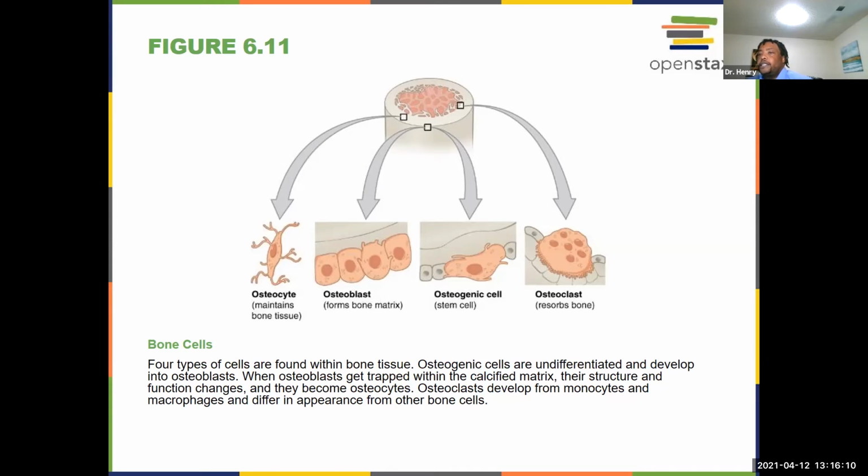The osteocytes are responsible for maintaining bone tissue. Osteoblasts form the bone matrix. The osteogenic cells are stem cells, so they can be transformed into the other forms of bone cells.